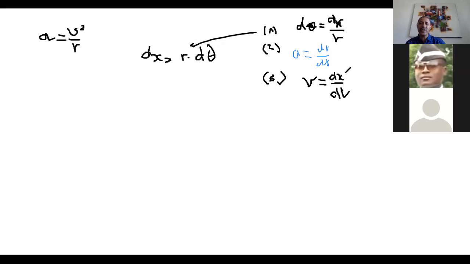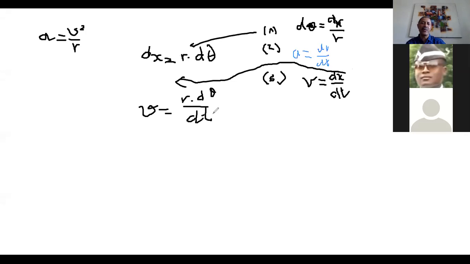And then you can change the dx from here. So v equals, replace that dx, r times d theta over dt. What is the problem now? dv divided by dt. d theta divided by dt, right?